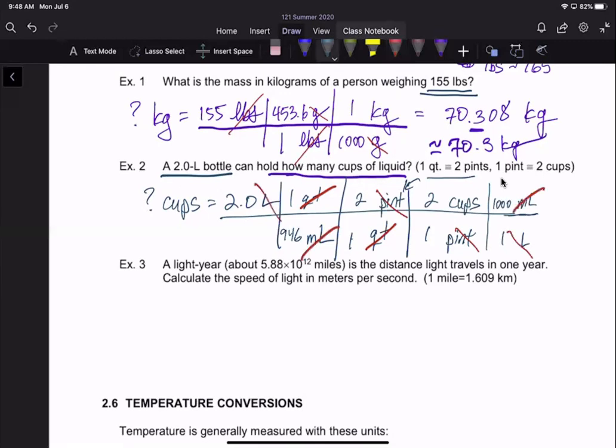It's all multiplication and division, so the order of the factors doesn't matter. You can write them in any order. And so my answer is 8.456. And that is only good to how many sig figs? 2. So when we round that, that will become 8.5 cups for my rounded answer.